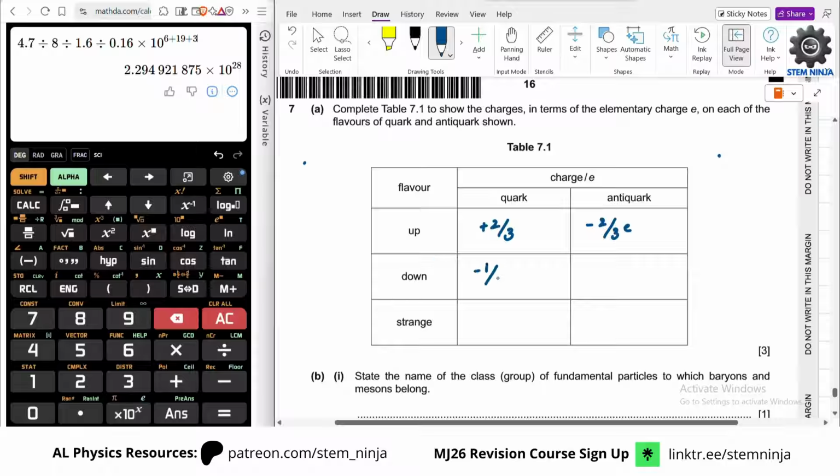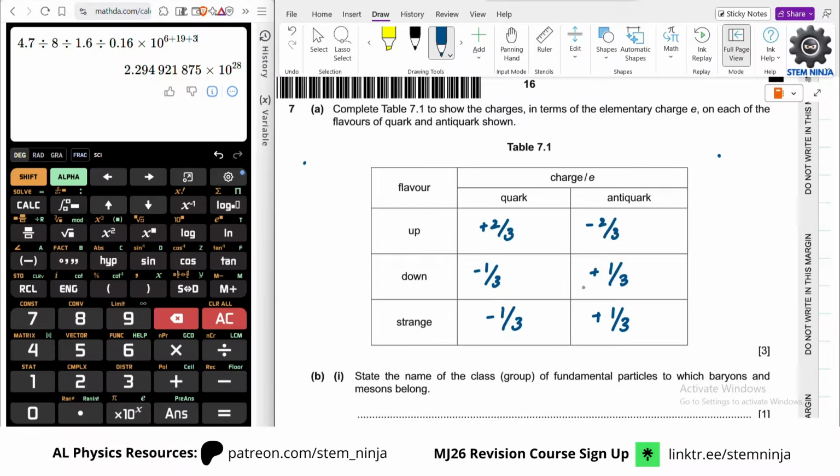Down will have minus 1/3 e. Sorry, we don't need e. And up anti-quark, down anti-quark would have plus 1/3 e. Strange, it has the same magnitude of charge, so 1/3 e would be the answer.